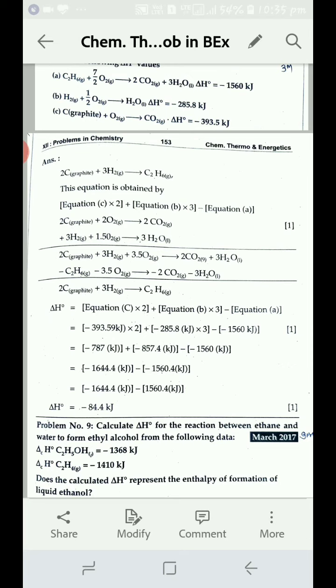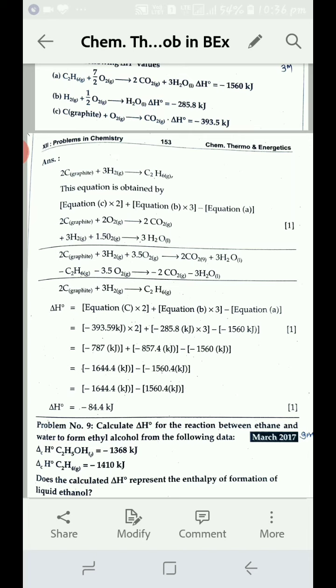Does the calculated delta H0 represent the enthalpy of formation of liquid alcohol, that is ethyl alcohol? So you have to write the reaction which is the required equation for formation of ethanol. But the standard enthalpy of combustion of ethyl alcohol and ethene is given.